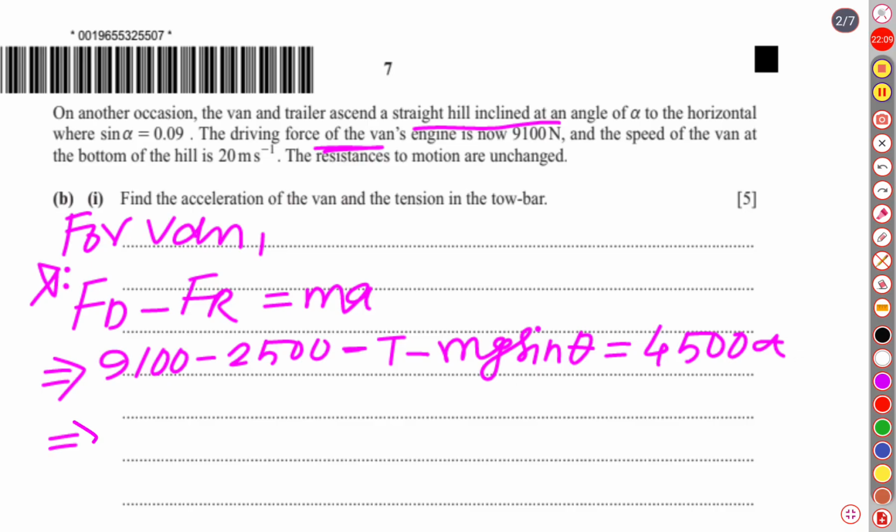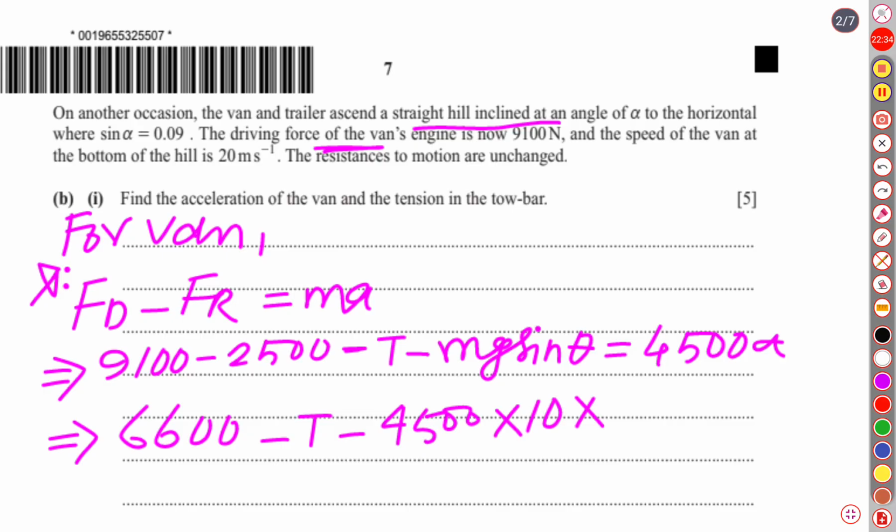And if we subtract 2500 from 9100, it is going to be 6600 minus tension minus the mass of the van, 4500 kg, into acceleration due to gravity, which is 10, and sine theta is given.